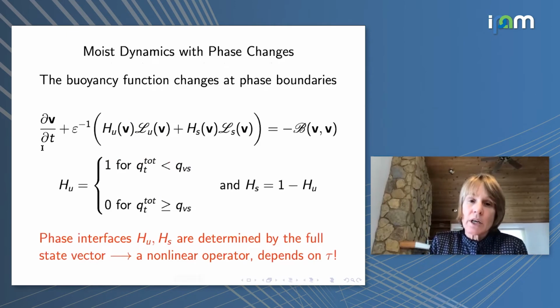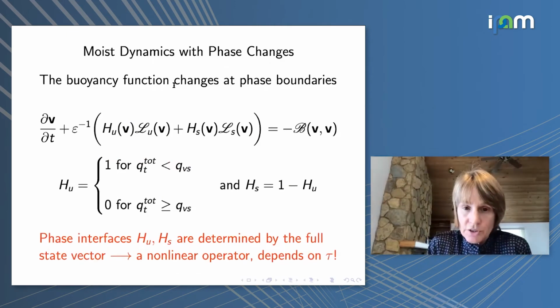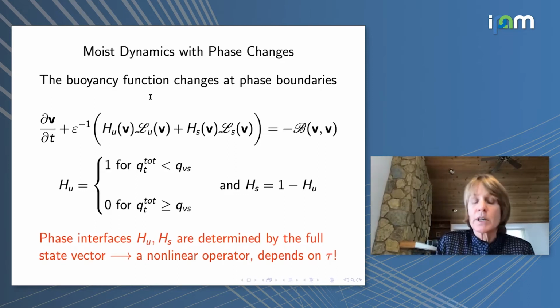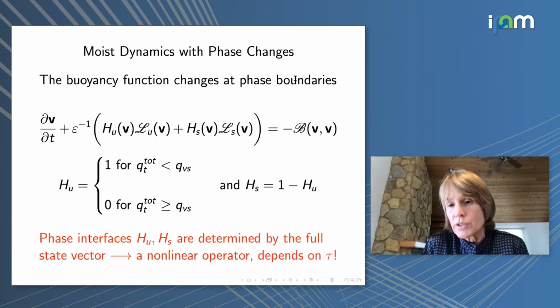So we can go back now to the moist equations with phase changes. The key observation here is that this term that involves rotation and buoyancy changes its functional form, because the buoyancy changes its form as we cross a phase boundary from an unsaturated region where the water is only vapor to a saturated region where the water is liquid.